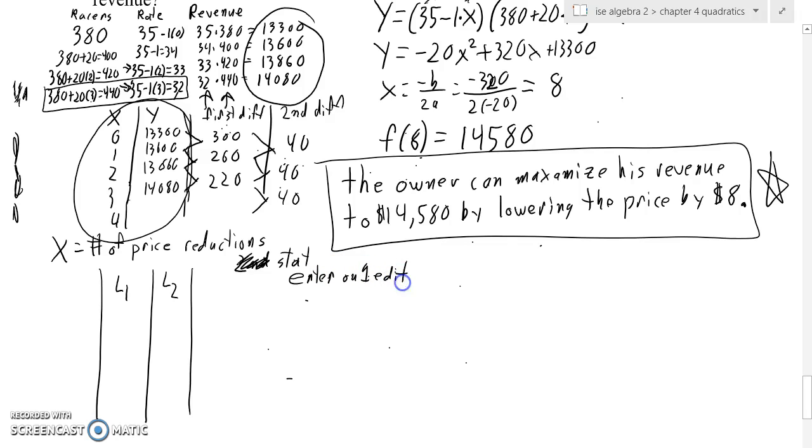You're going to put in the x values for list 1 and the y values for list 2. You're then going to go second stat plot.